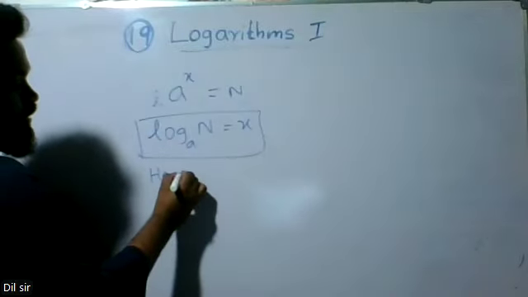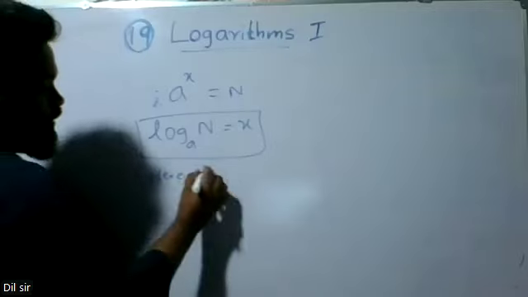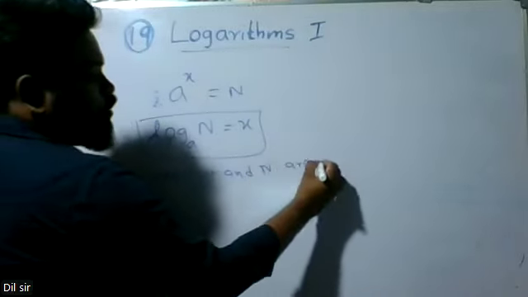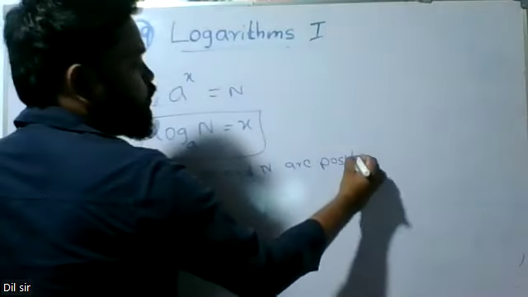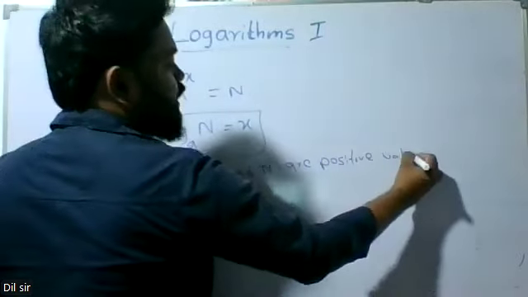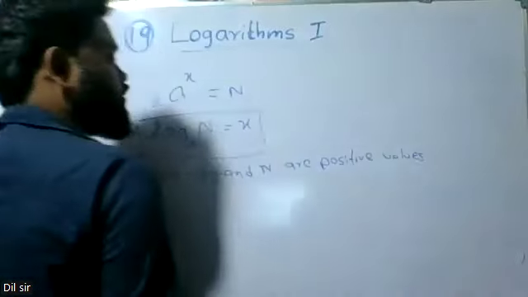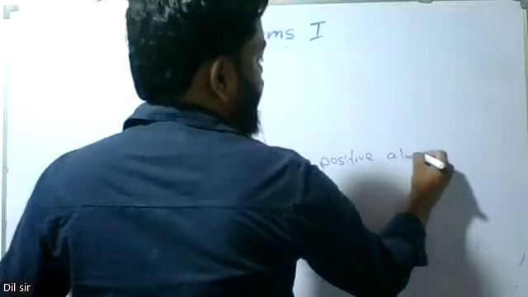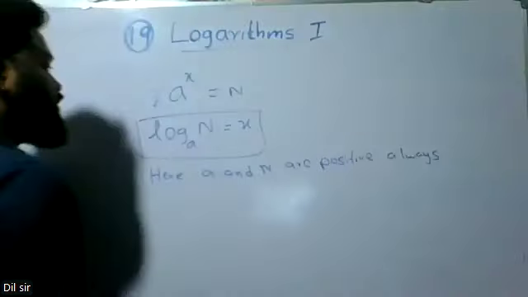Here, a and n are always positive values.